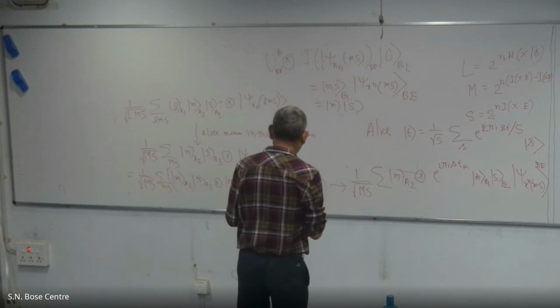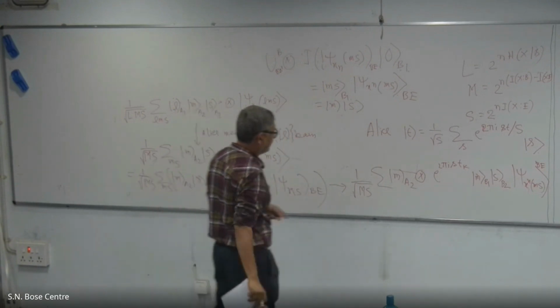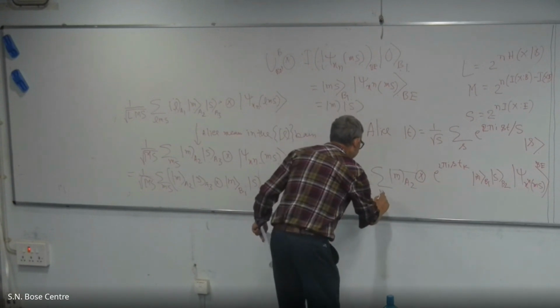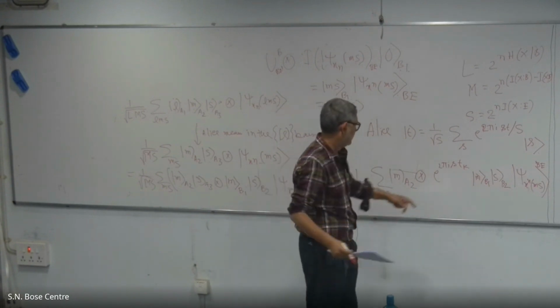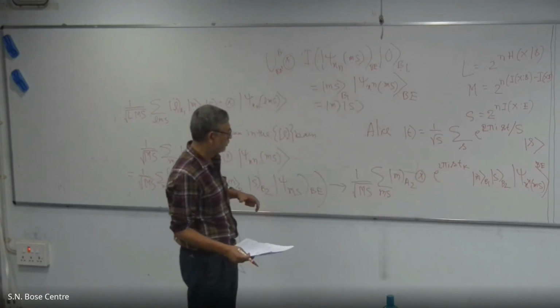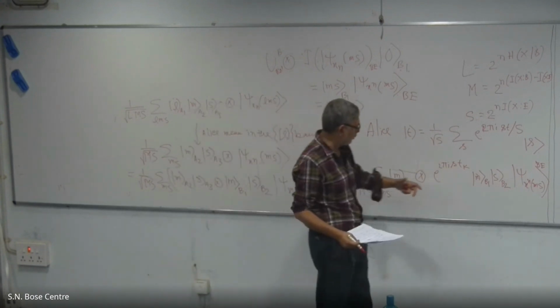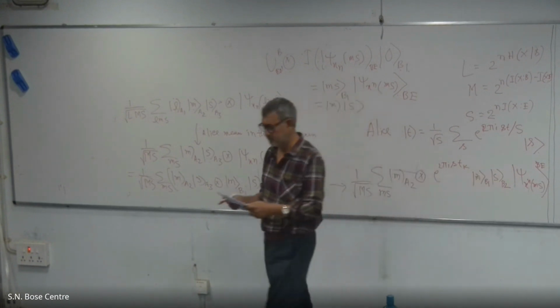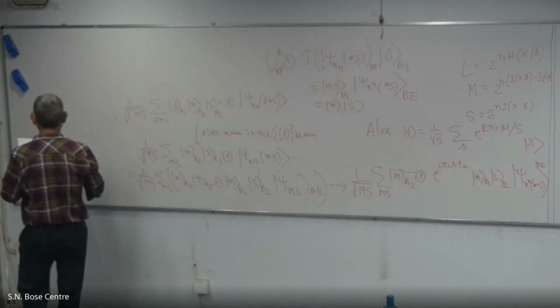Now, Alice has to get rid of this thing, because it is still there. So she can do some controlled operation, a controlled phase shift based on this.